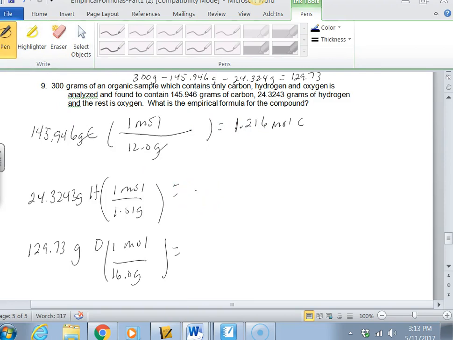This is 24.3243 divided by 1.01. This is 24.083 moles hydrogen, and then 129 divided by 16 is 8.1.